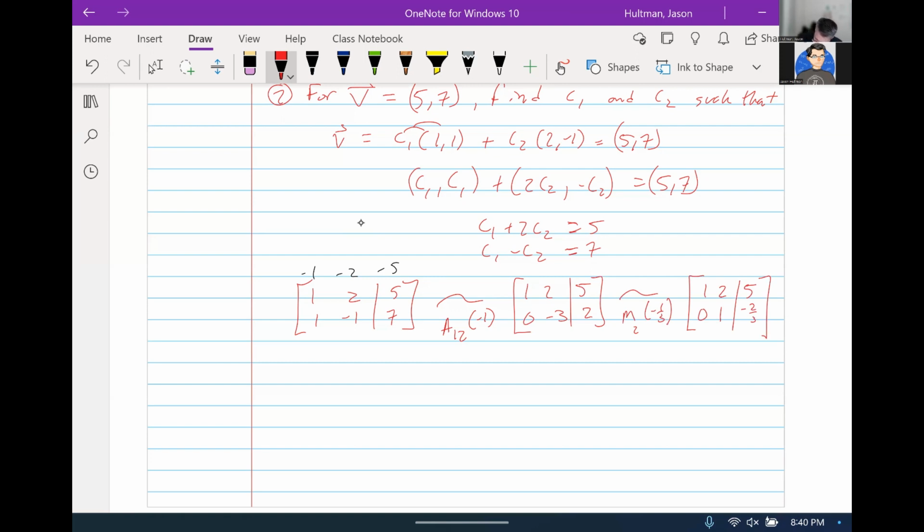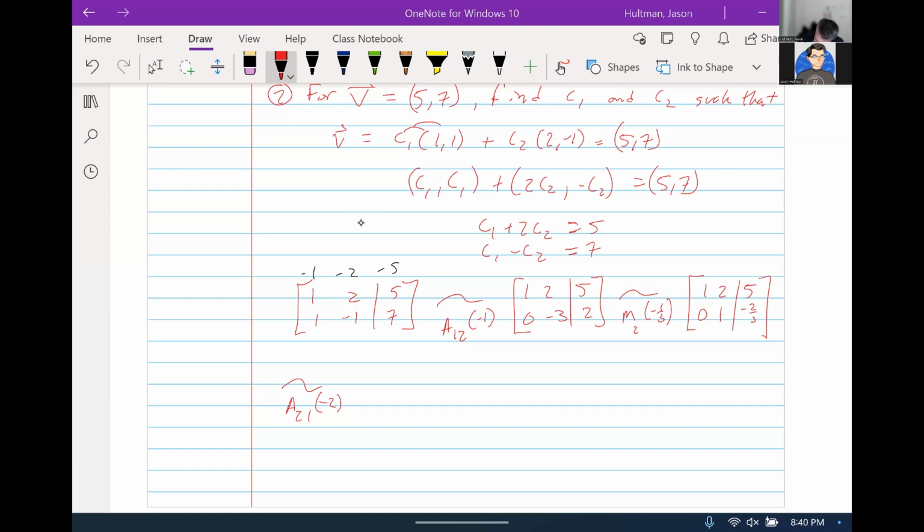Let's go to the next step, which would be to get rid of the 2. So I'm going to multiply row 2 by negative 2 and add that to row 1. So let's see what we get here.